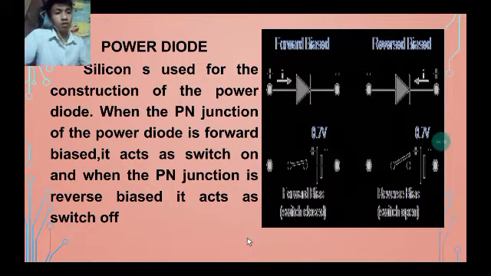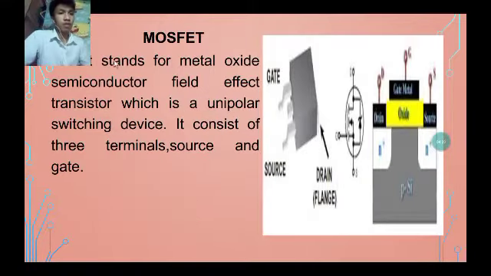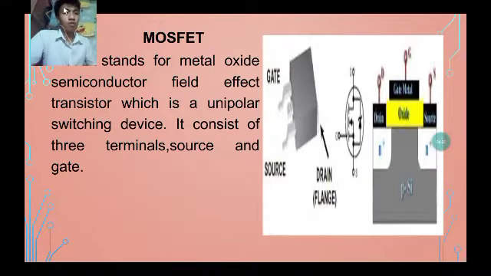So that's it. So next, MOSFET, which stands for metal oxide semiconductor field effect transistor, which is a unipolar switching device. It consists of three terminals, which are source, drain, and gate. As you can see in this picture, this is an example of MOSFET.